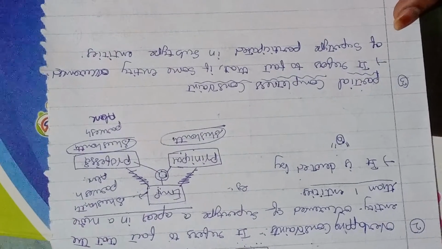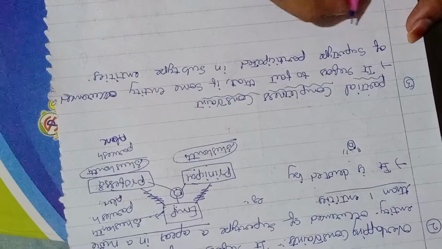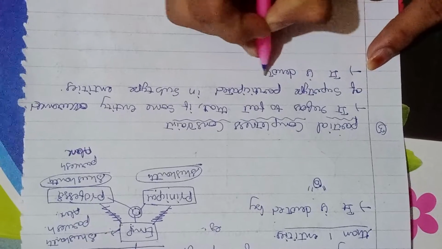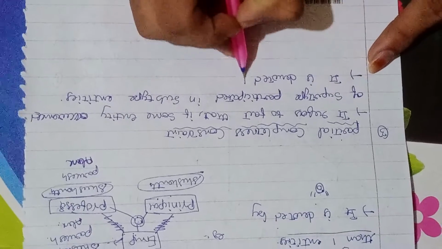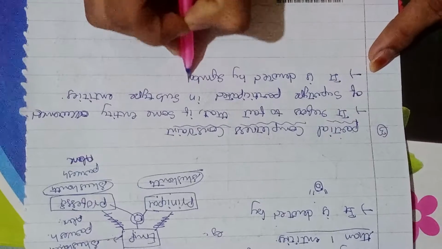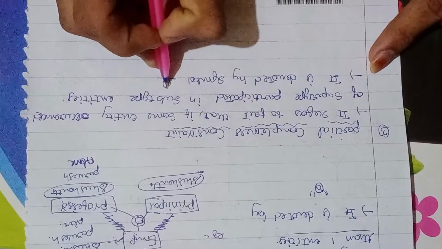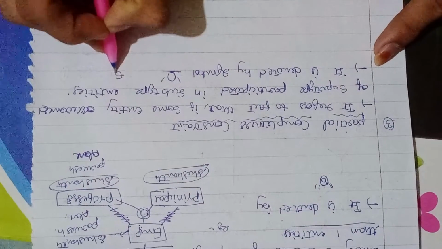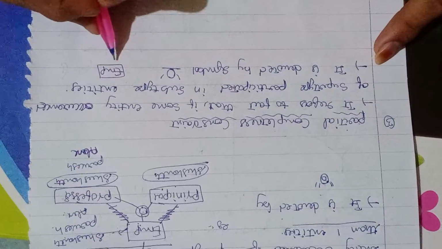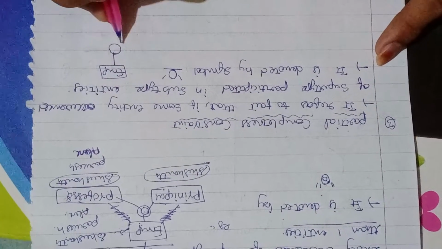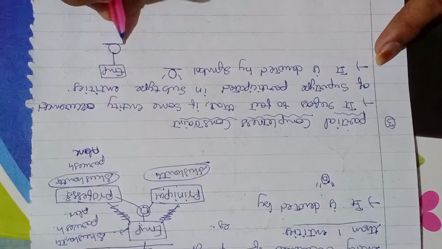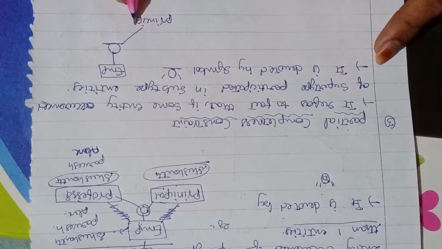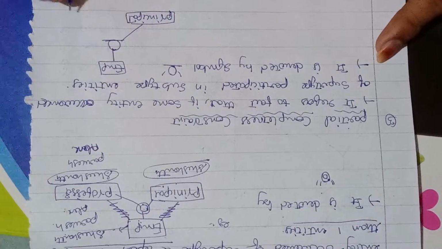It is denoted by the symbol dash O. Here employee is there, denoted with the symbol dash O. Down in the subtypes we can see the principal and professors.